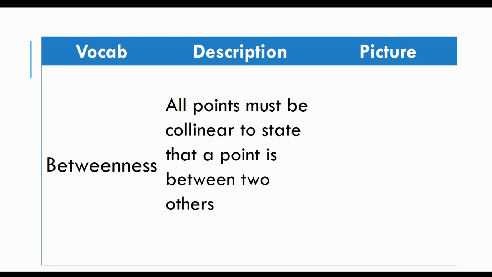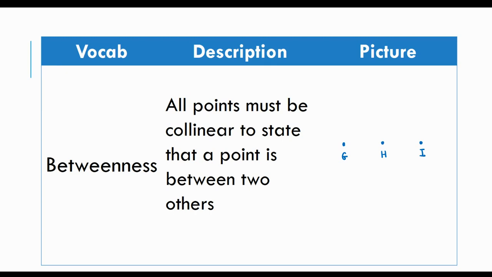Then betweenness of points means that all points must be collinear to state that a point is between 2 others. Okay, so if I have point G, H, and I, if I was to draw a line, all of those points would fall on that one line.